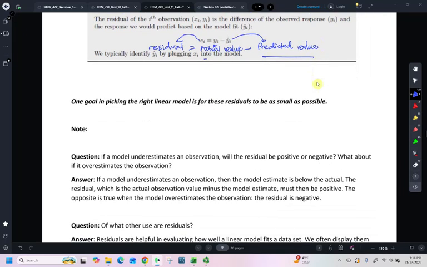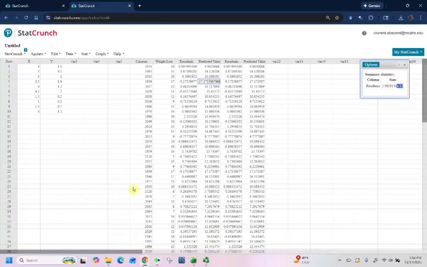Now, sometimes if you look back at the residuals, some are positive, some are negative. Well, when do you have a positive residual? It is when the predicted value is smaller than the actual value. So in this case, we are under predicting.